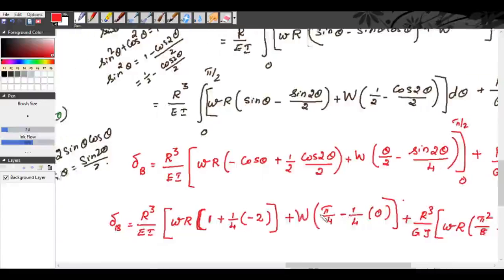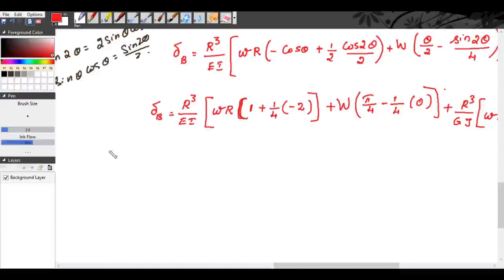So that will be equal to, so delta B equal to R cube by EI multiplied by WR, WR minus, okay, this is 1 minus 1 by 2.